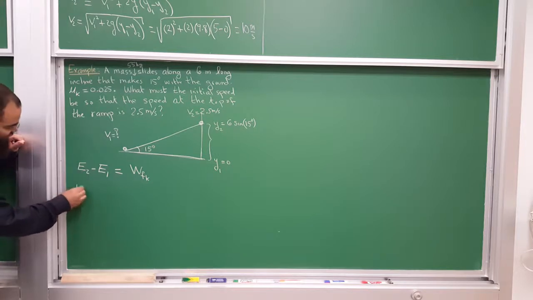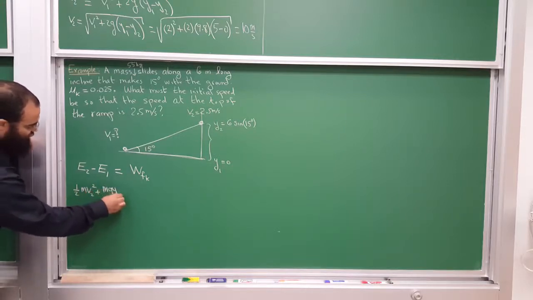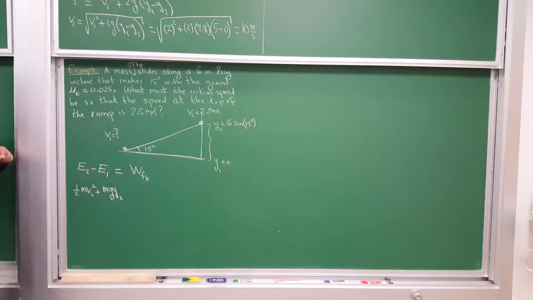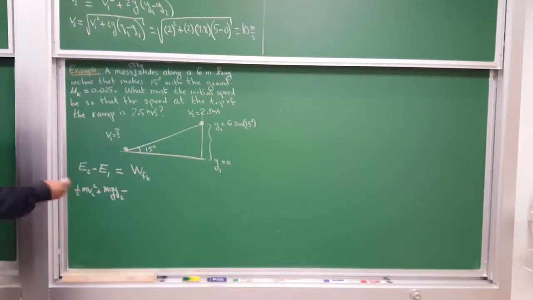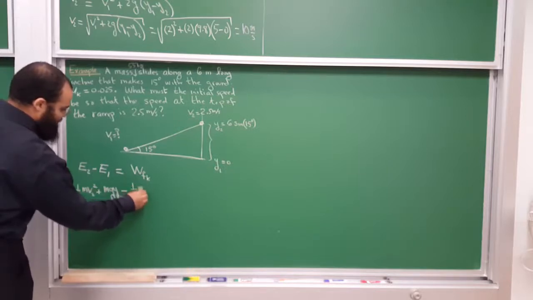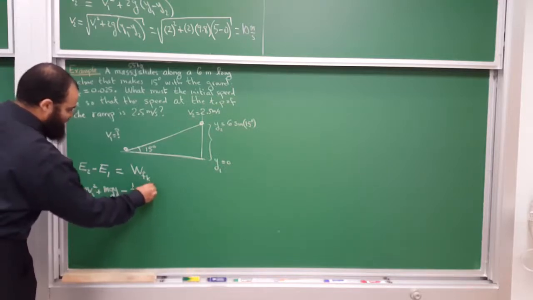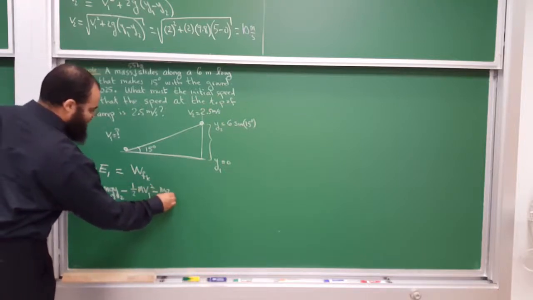So it's 1/2 mv2 squared plus mgy2, mass times gravity times the height at the end, minus the kinetic plus potential at the beginning. So minus 1/2 mv1 squared at the beginning, and then minus mgy1.